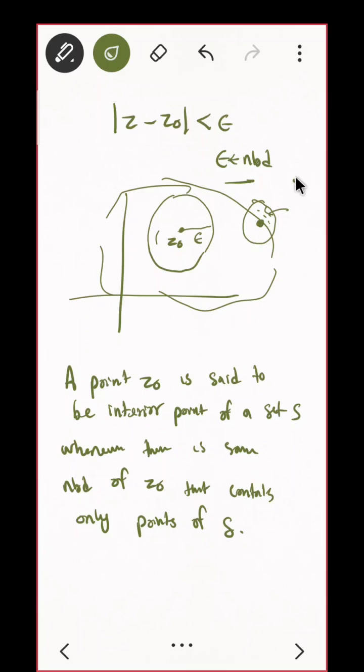Or is this an exterior point? Which one is it? Out of these three, which of them is an exterior point?